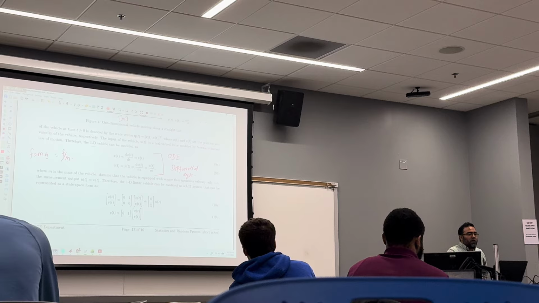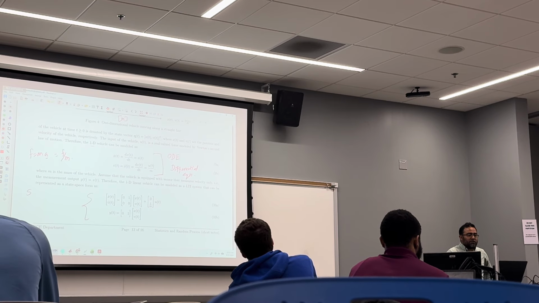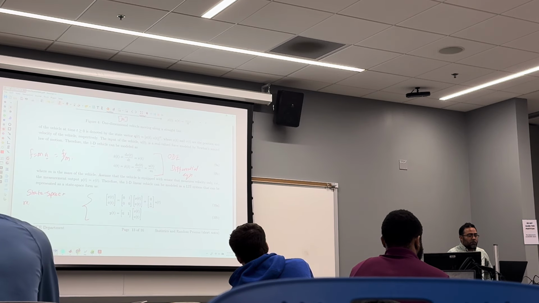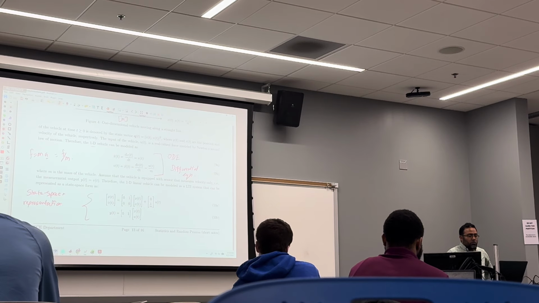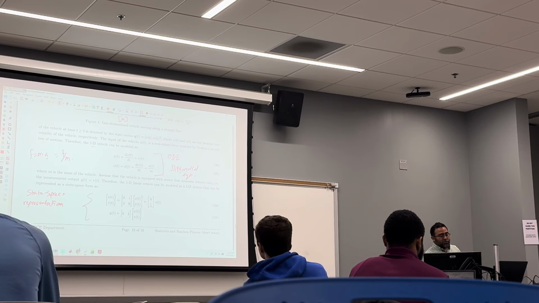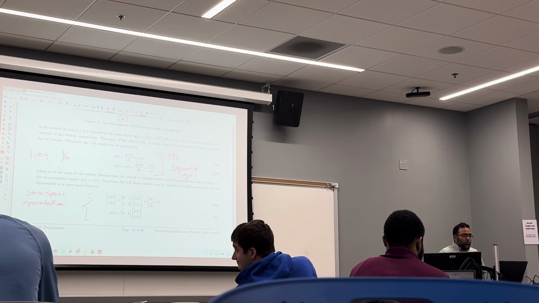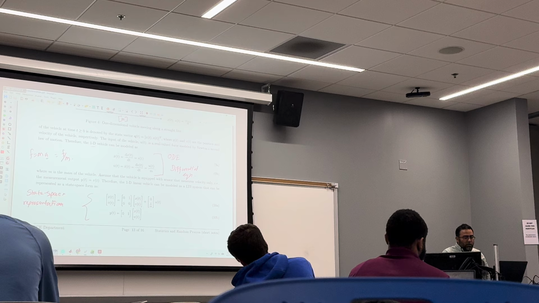And this matrix form differential equation, we call the state space representation.